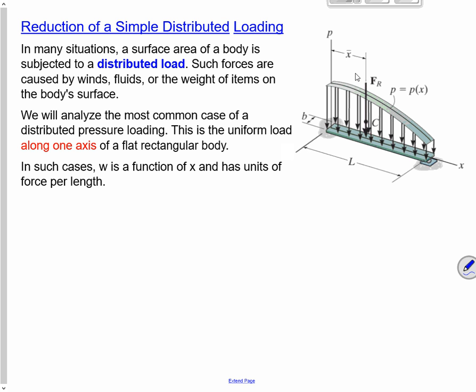All these types of forces are caused by just real forces applied this way. We'll analyze the most common case of a distributed load, which is a uniform load along one axis of a flat rectangular body. So we're taking out a lot of the complications, but essentially what this does is I get a loading which is a function of x and has units of force per unit length.